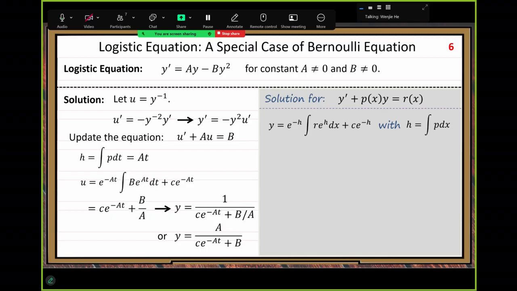With that c there, we call it a general solution. So this version containing c we call a general solution, but if you select a concrete constant number for little c, then you get a particular solution.